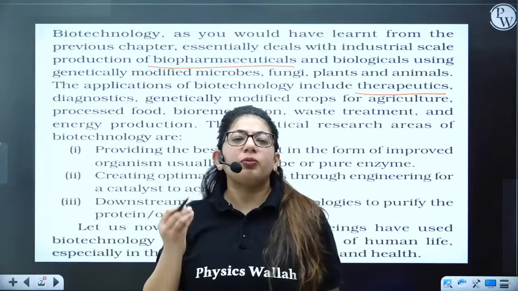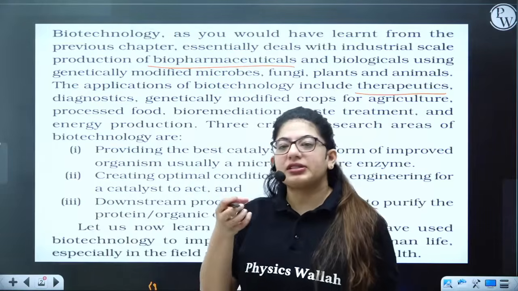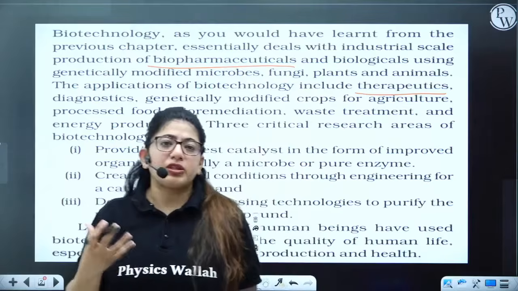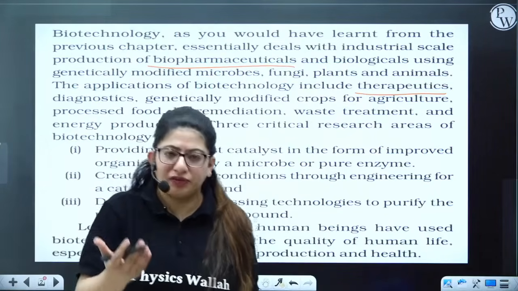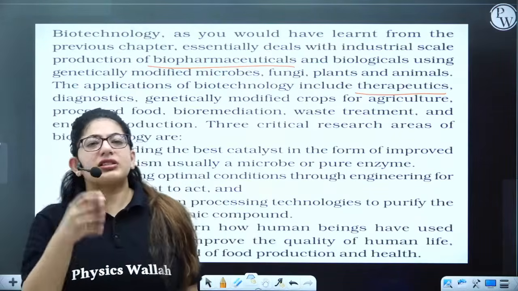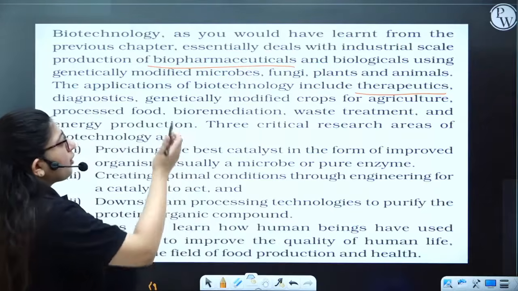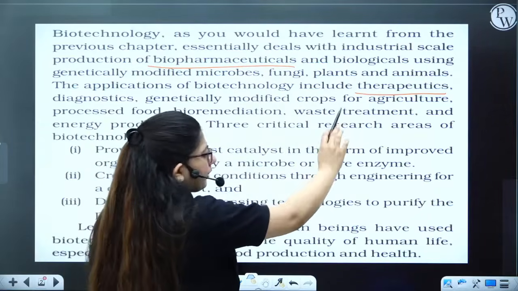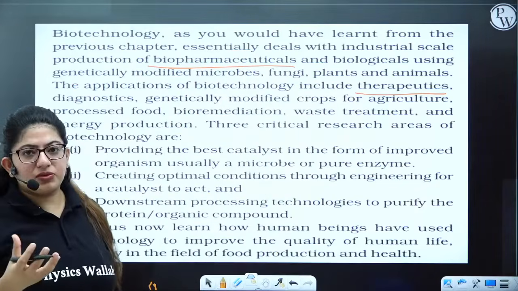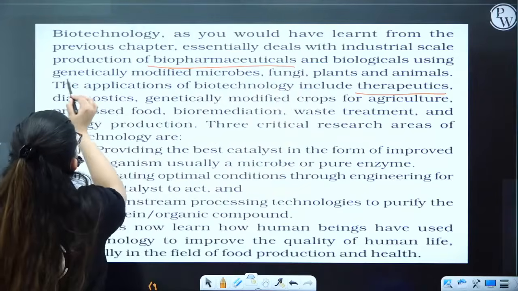Therapeutics are something which are normally produced in your body, but when it gets deficient and you get a disease, those products are therapeutics. For example, the insulin hormone is a kind of therapeutic because that hormone is naturally produced in your body, but in some diseases it gets slow. So by using biotechnology we can also produce therapeutics. We can also produce pharmaceuticals like medicines and biologicals using genetically modified organisms.